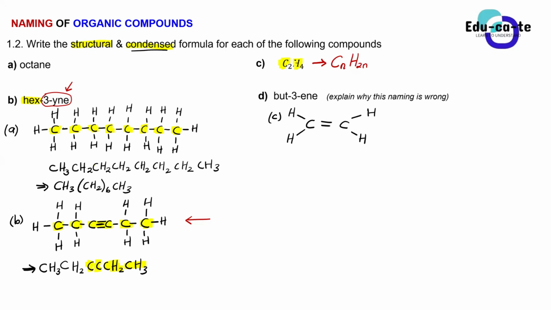Now, when you compare the number of atoms of each element here, the number of carbon atoms is 2, and the number of hydrogen atoms is 4. What's the relationship between that? The number of hydrogen atoms is double the number of carbon atoms. That's what this 2n means.